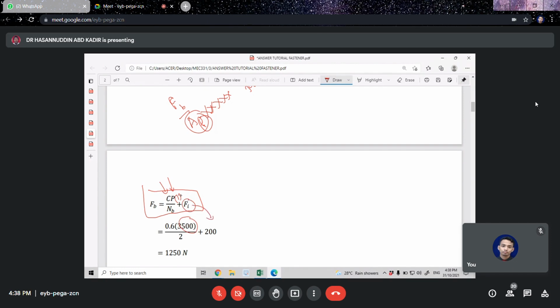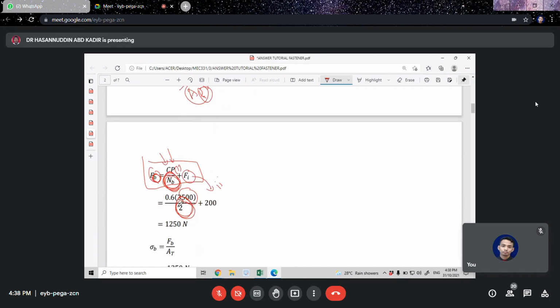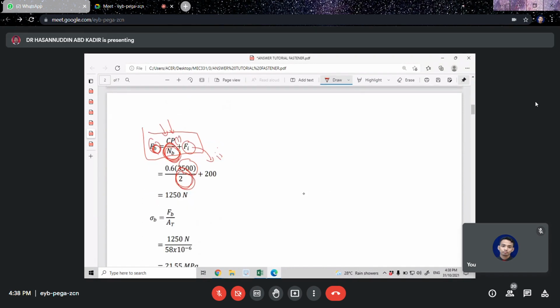The Fi is basically from the solution of number 2. Then you can get the value of Fb. But don't forget, you must divide by the number of bolts they have. Here we only focus on the bolt, because we talk about how many bolts they have. Then we divide by 2 here, and we get the value of FB.